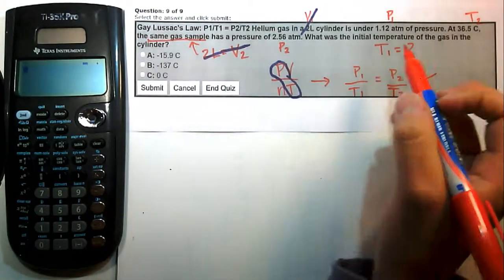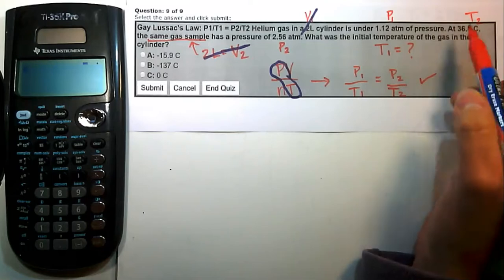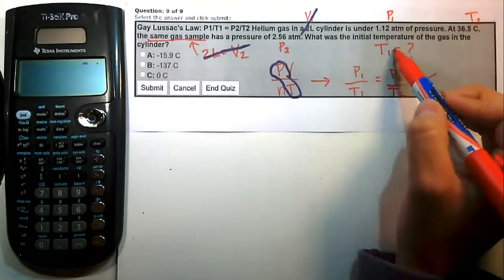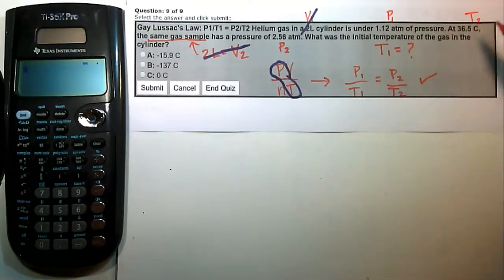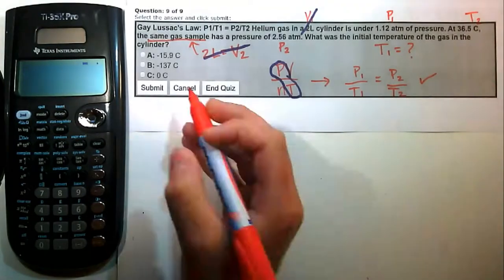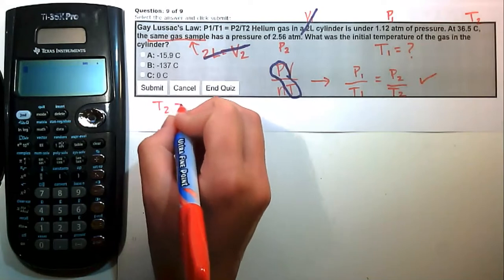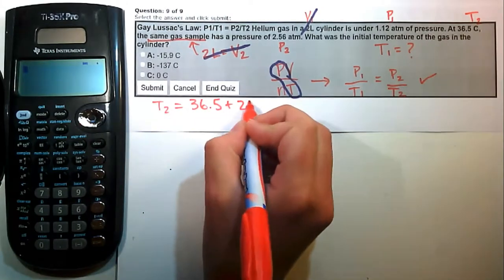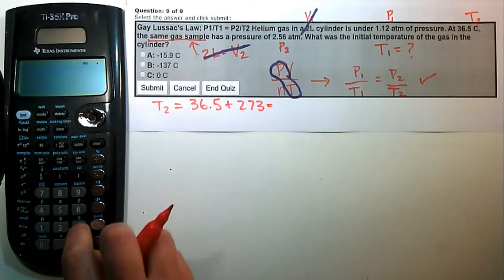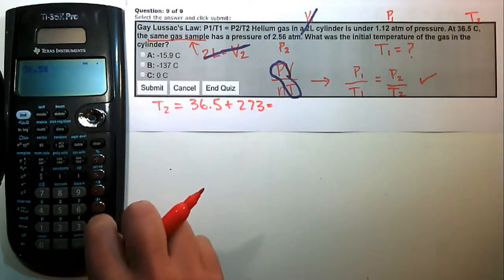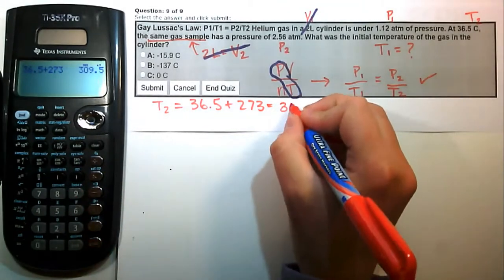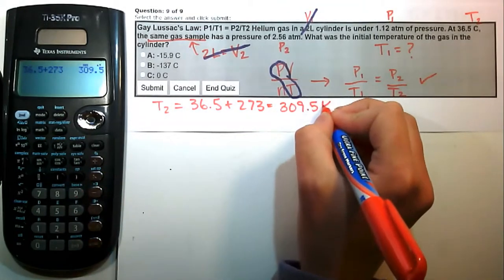Alright, so we know to use a gas law we need our temperatures to both be in Kelvin. Or actually this time we only have one temperature, but we need the one that we have to be in Kelvin. So our T2 value, 36.5 plus 273, is going to give us 309.5 Kelvin.